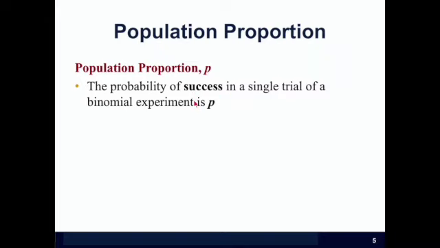In this case, we select a student, and the probability that this student lives on campus is the probability P of having a success in a single trial of a binomial experiment. That's the interpretation of the population proportion P.